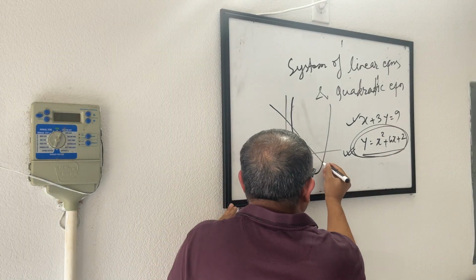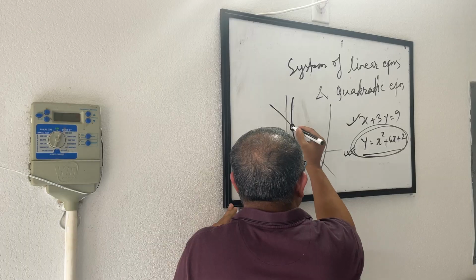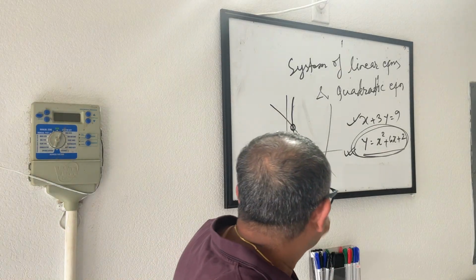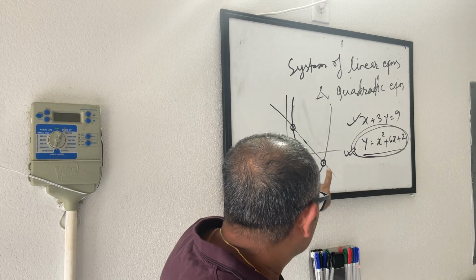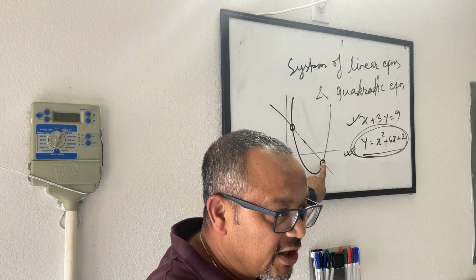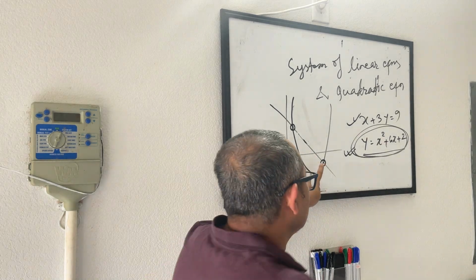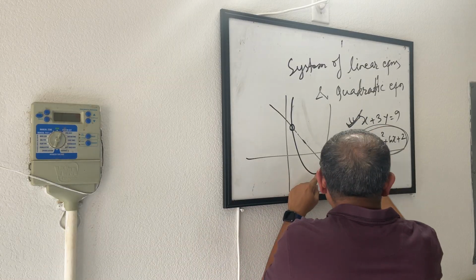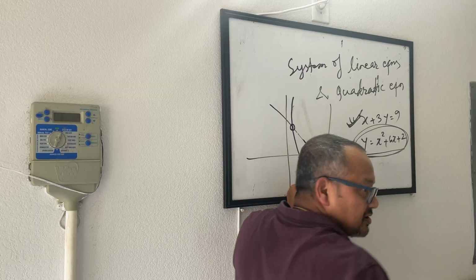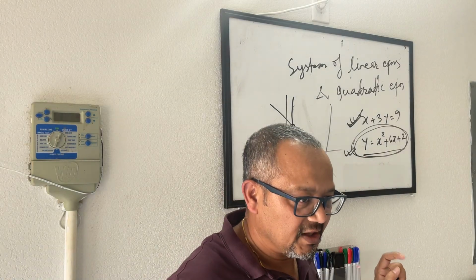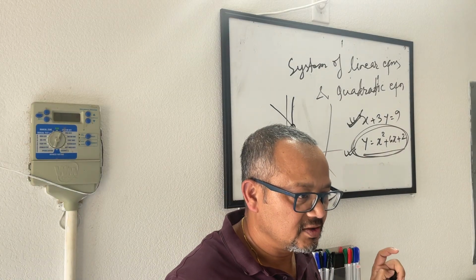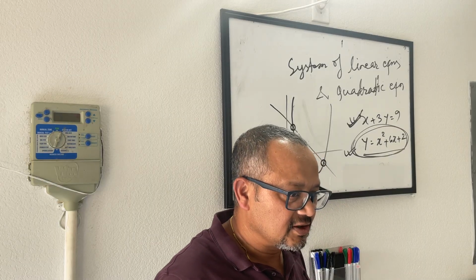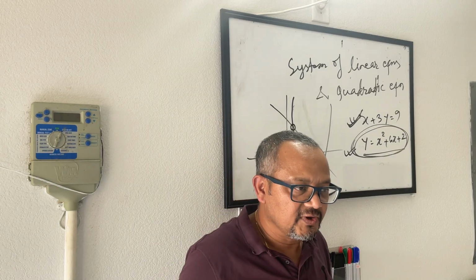These two intersected each other at 2 points, meaning this point and this point. On these 2 points, the relationship between x and y follows this contract because it is on this line, as well as this contract because it is on the parabola also. Yeah? So far, a little bit relatable, conceptually acceptable so far.